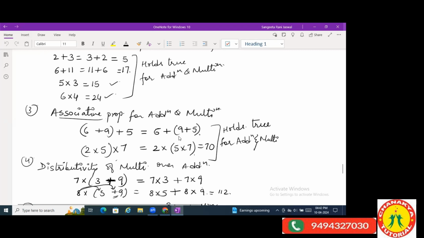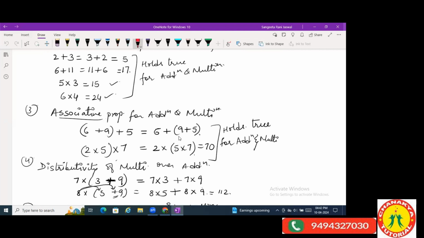I have three numbers here, A, B, and C. In any order, if I group them, either I group A and B together and add with C, or I group B and C together and add with A, the answer that I get is always the same. This property is called associative property, right? And it holds true for addition also, it holds true for multiplication also. Okay, children?